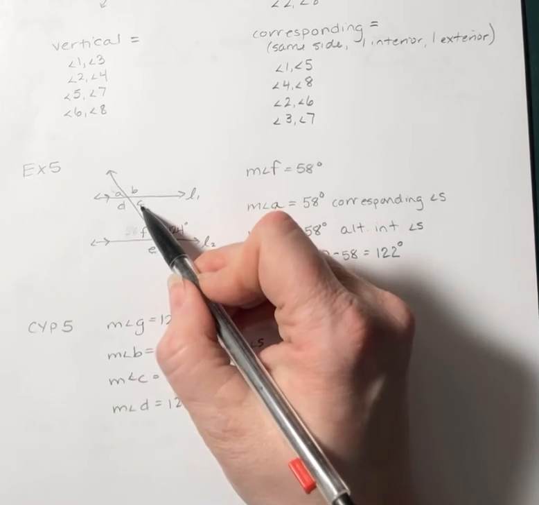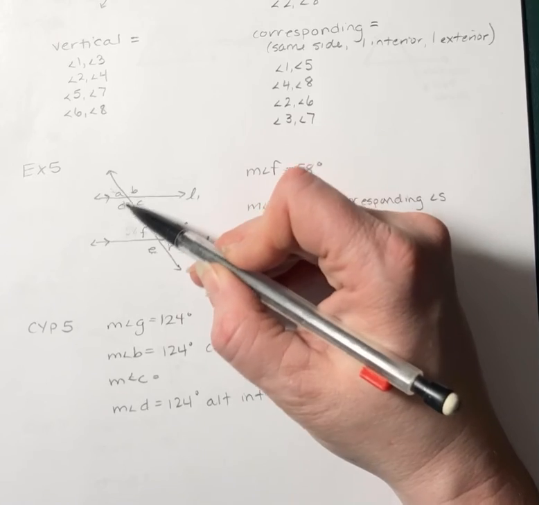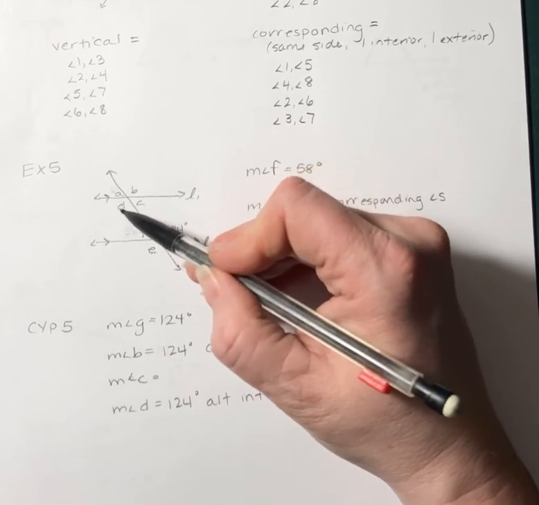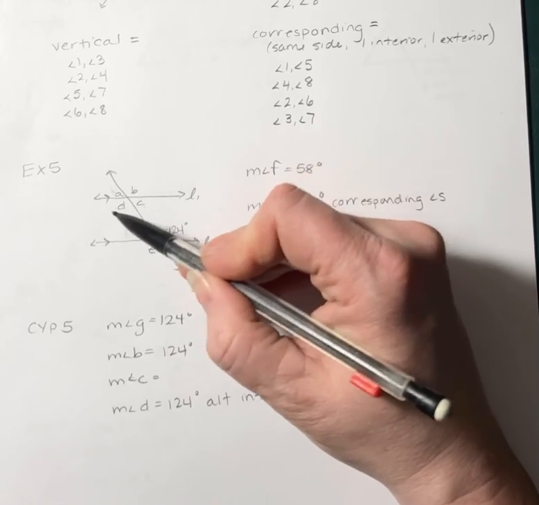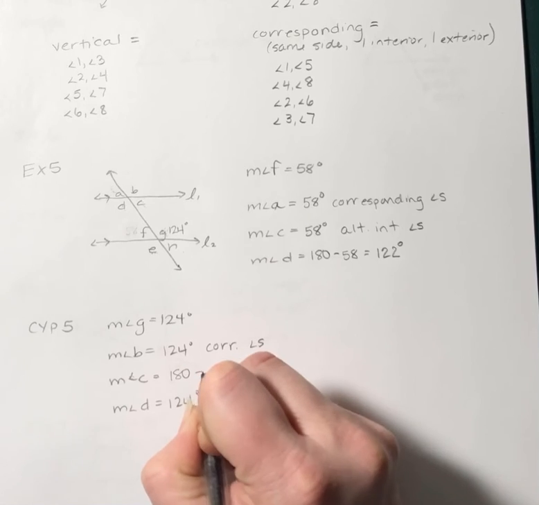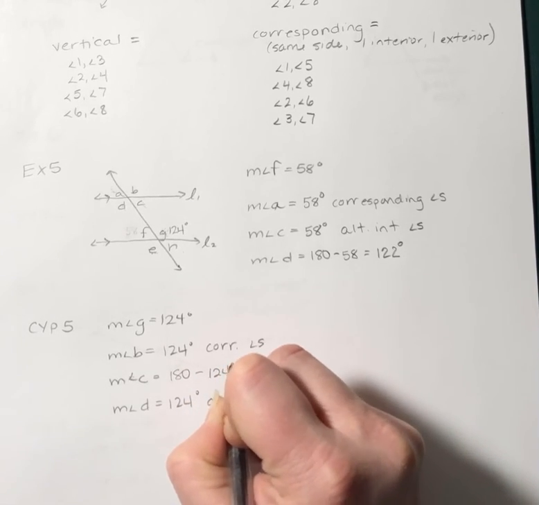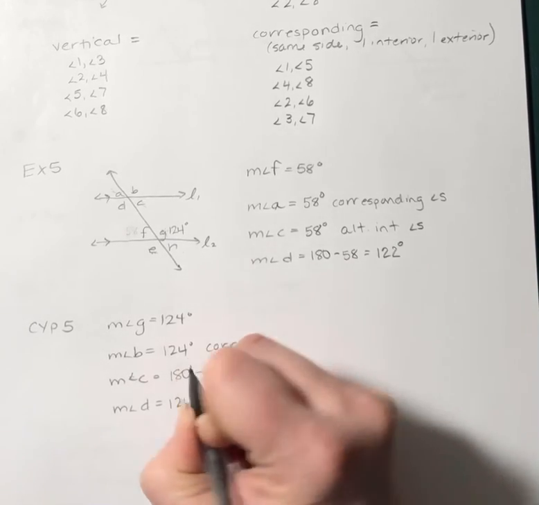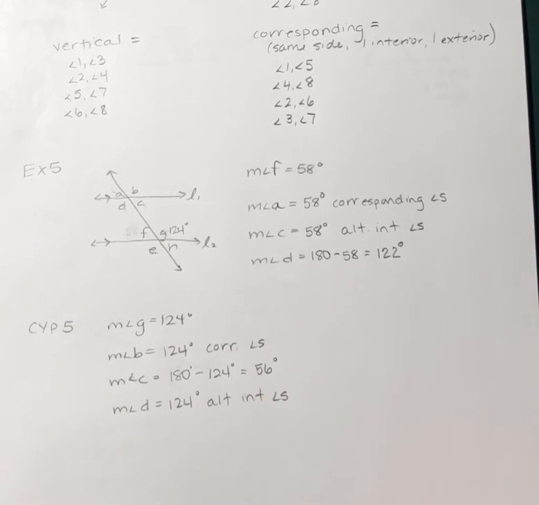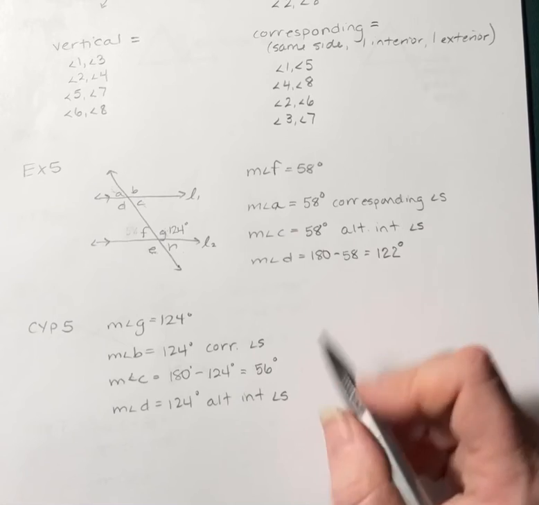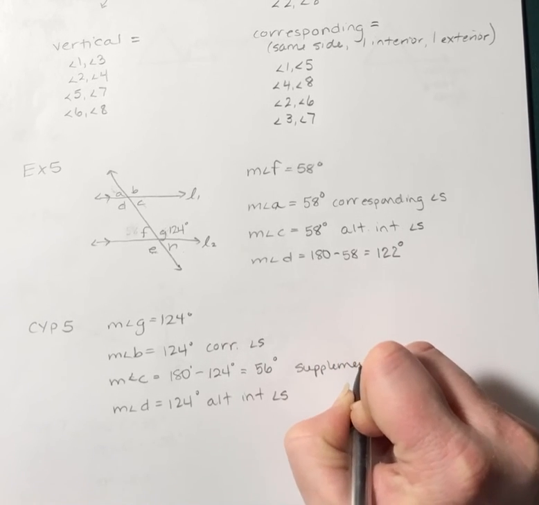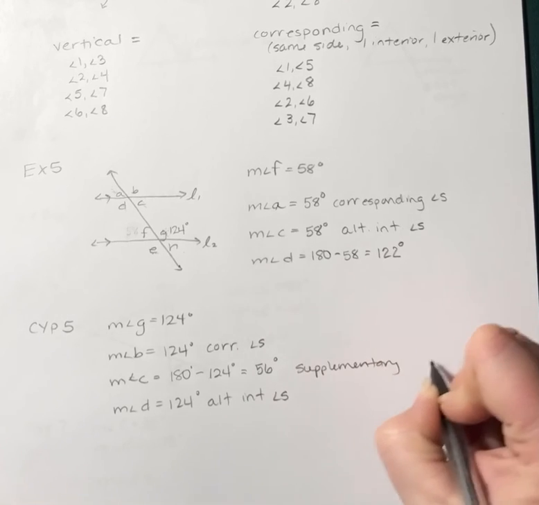So that leaves us with angle C. But if B and D are both 124, then B and C are supplementary, or D and C are supplementary. So I take 180 minus 124, and I get 56 degrees. And I guess for both of these, I could just say supplementary angles.